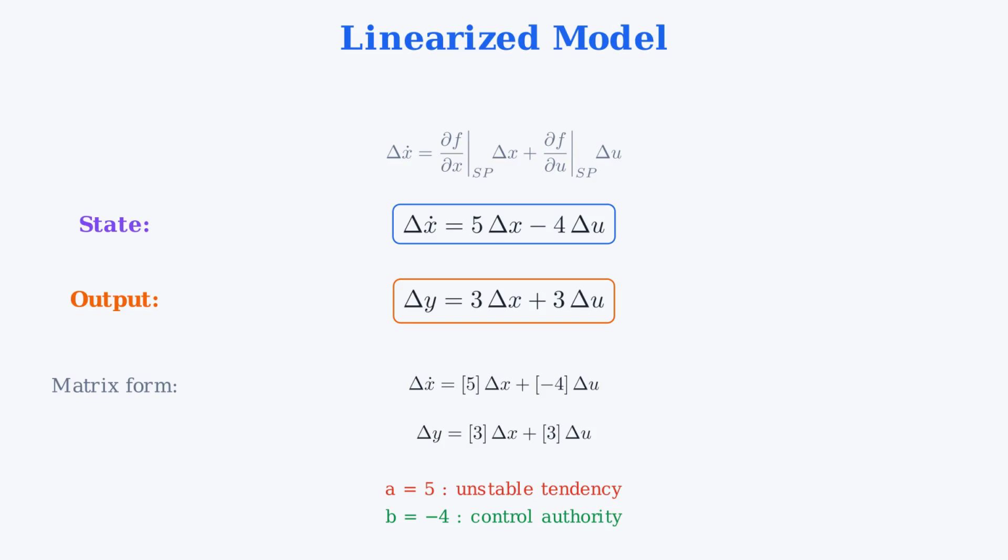A small perturbation in u decreases x dot by 4, providing control authority. In the output, both state and input perturbations contribute equally with coefficient 3. This is the complete linearized model.